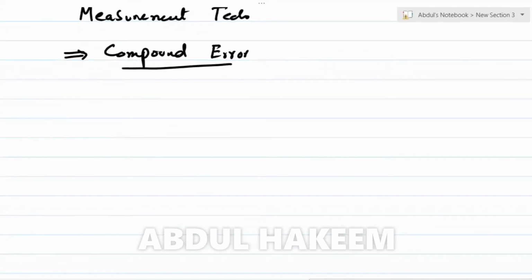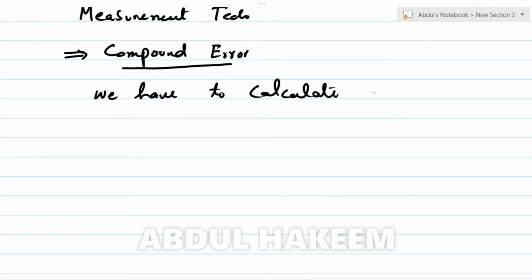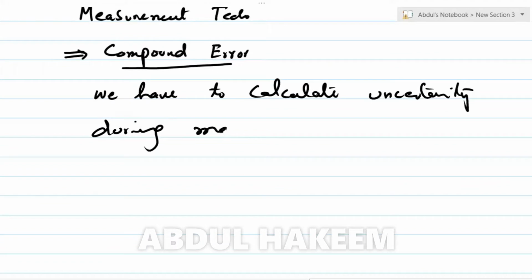So in compound error, we have to calculate uncertainties during mathematical calculations, during mathematical operations.